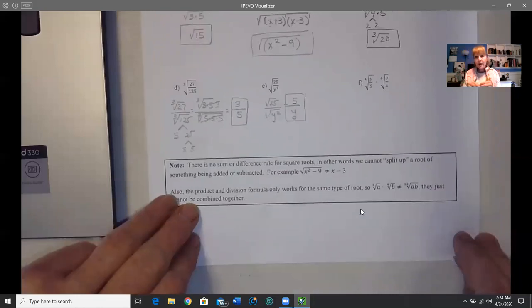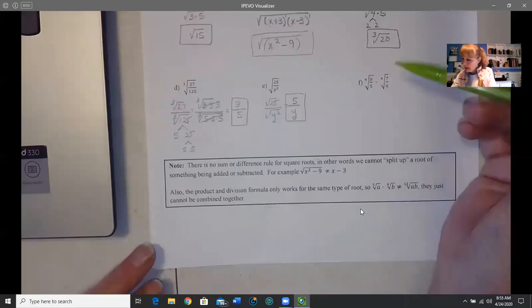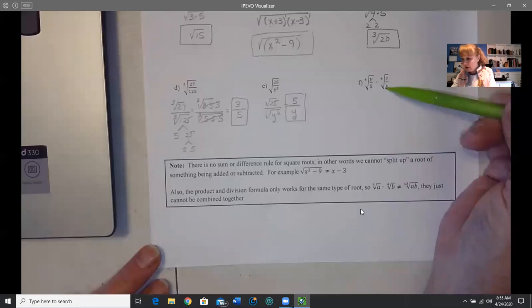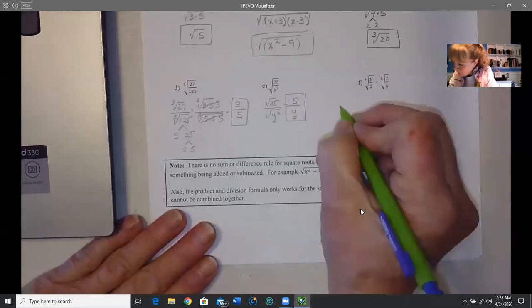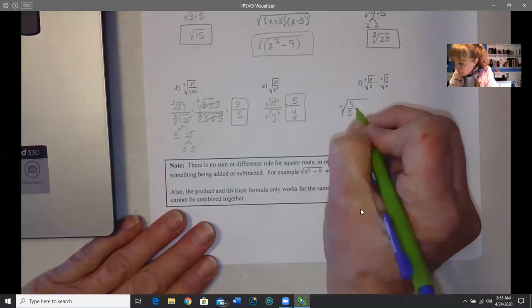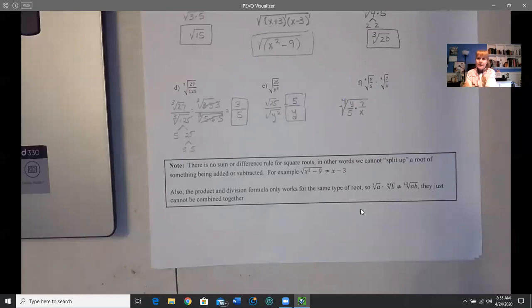Right here, okay, we're going to multiply and divide, but before you start, you can see if you can reduce this way. Can I reduce here? One way, because it is the 4th root, you could do that and then see if anything in the numerator would reduce with anything in the denominator.